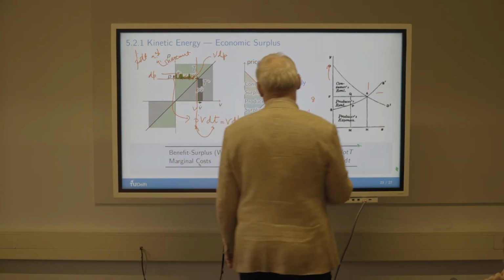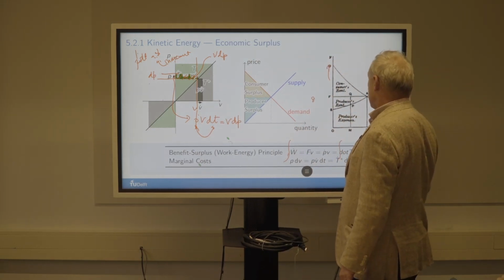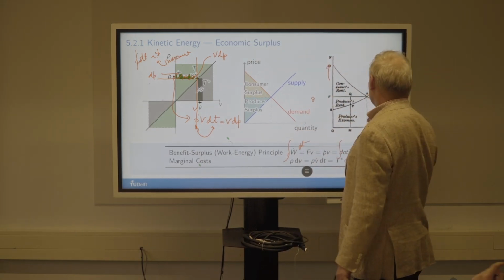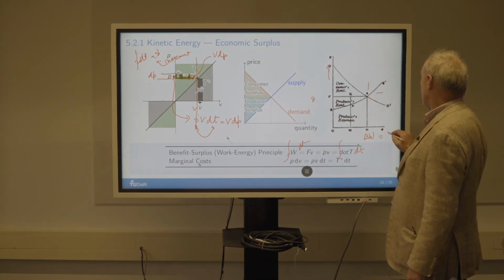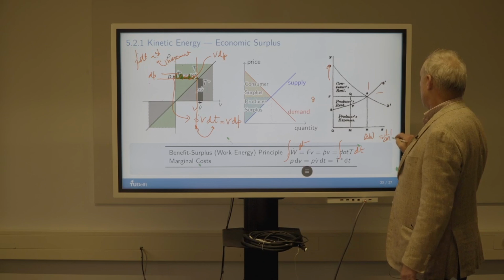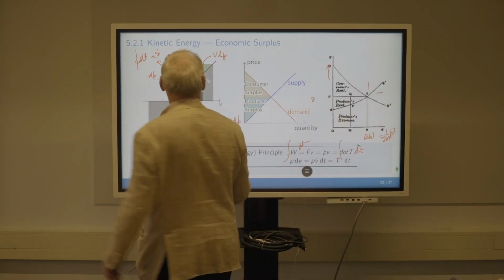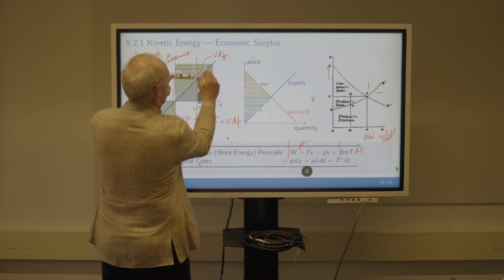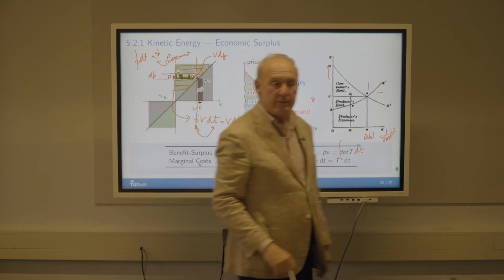So then, if I integrate these sides, I get that the amount of benefit transferred is equal to 1 over 2m p squared. So I'm just adding up all these little rectangles.